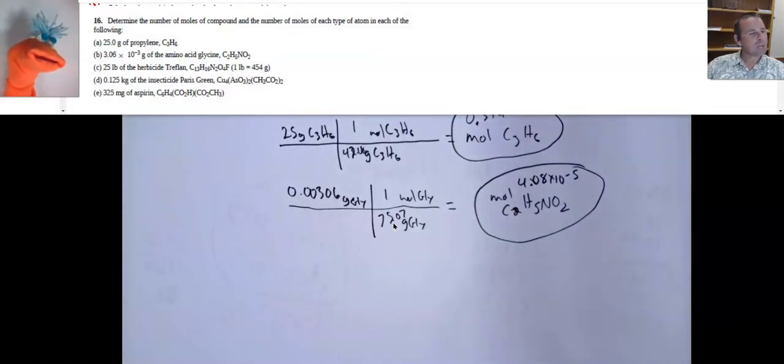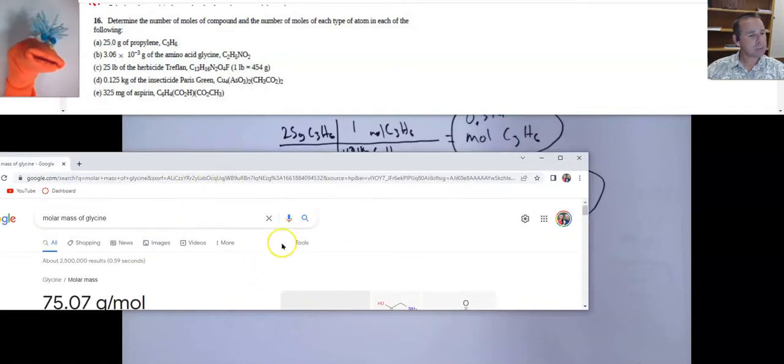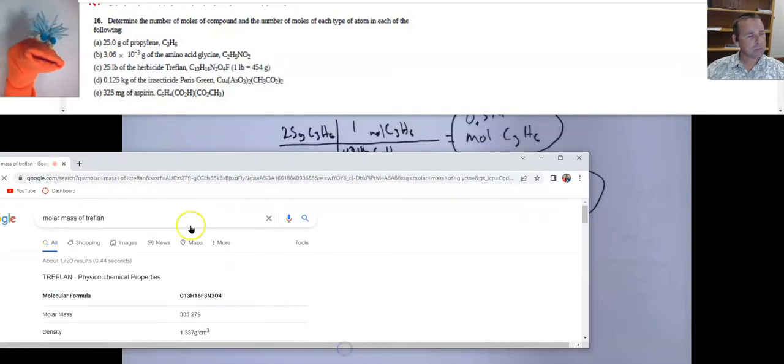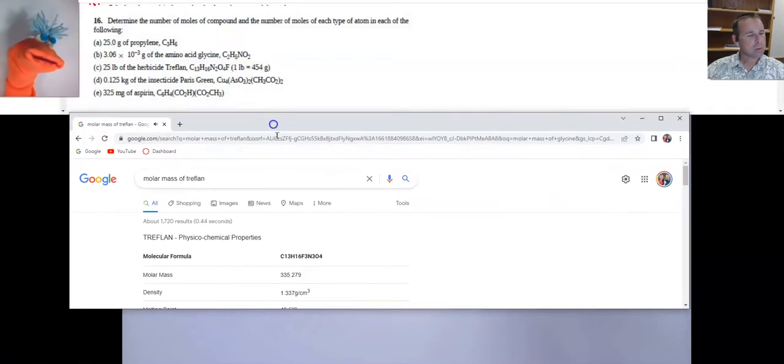All right, 25 pounds of herbicide. Treflan? Let's see if we can find the molar mass of Treflan. Molar mass of Treflan? Here is information from ChemVK. Okay, is that the same stuff?